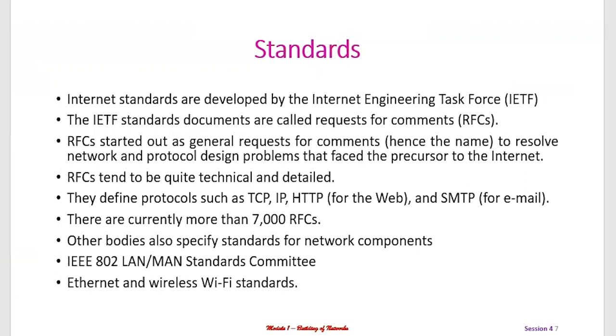This IETF has a set of documents which are called RFCs, that is Request for Comments. From the name, we know that it resolves the network and protocol design problems that are faced in the internet. And there are some defined protocols. We have TCP/IP, HTTP for web, and SMTP for emails. And for this RFC, I think the numbers may not be actual here.